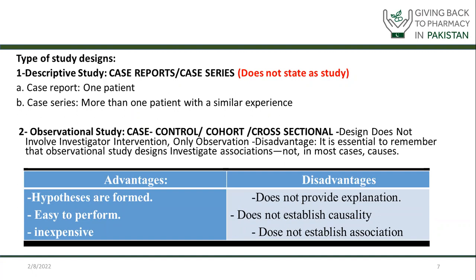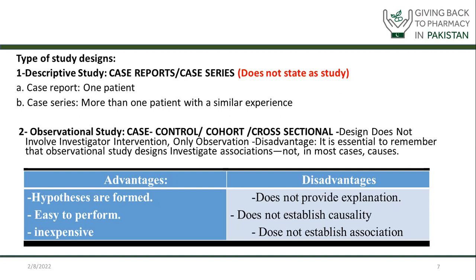Why? Because I want to tell the world that this medicine can cause this rare issue. Everybody will know about it. We cannot consider it as a study. We'll consider it as a case report because we report a case. But if there are multiple cases, then we will take it as a case series.